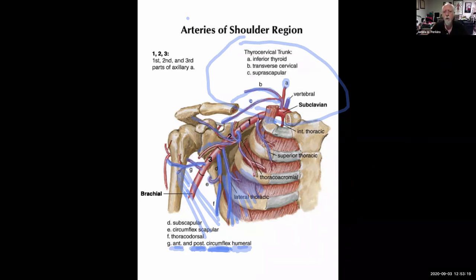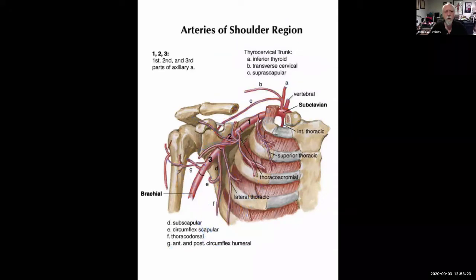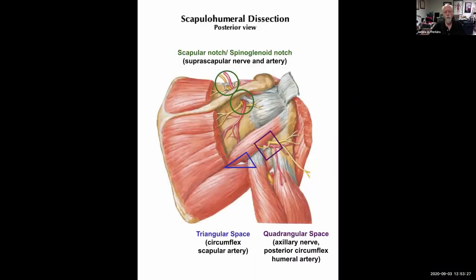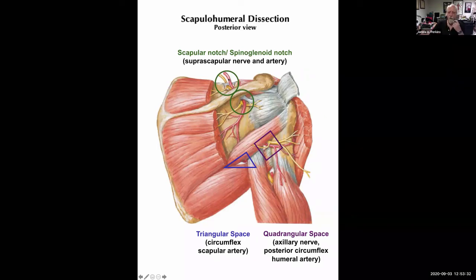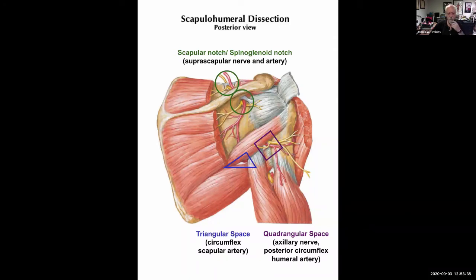All right, let's see here. So here on the back of the shoulder, we can see a few of those vessels and nerves and things that we were just, well, we haven't talked about the nerves yet, but you can see some of the vessels.